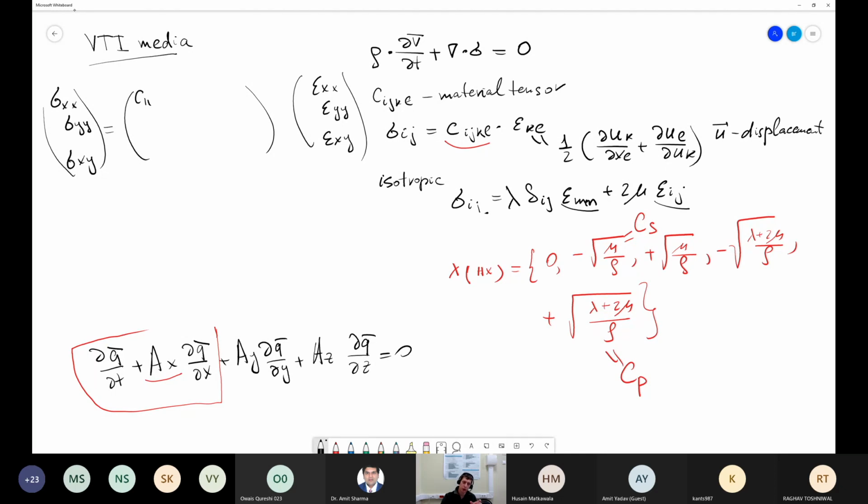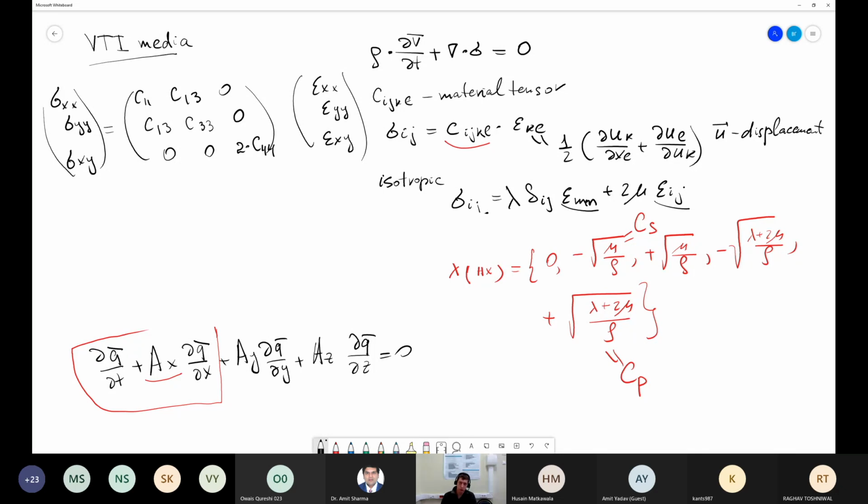So C11 is an internal property of this medium. C11, C13, 0. C13 the same as here. C33 and 0, 0, 0, and here I put 2 multiplied by the next coefficient, C44.